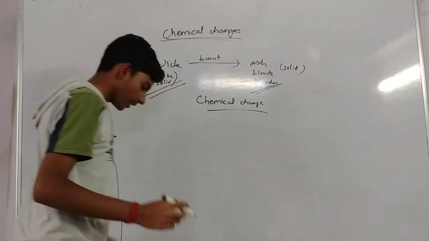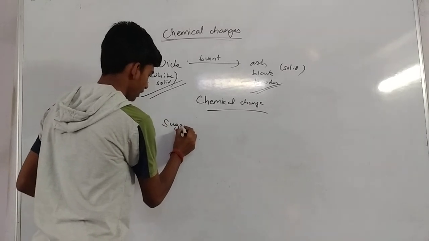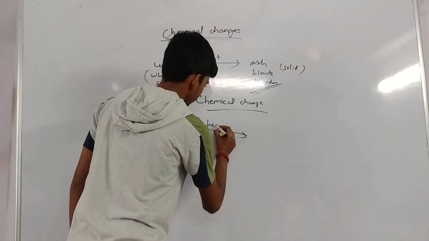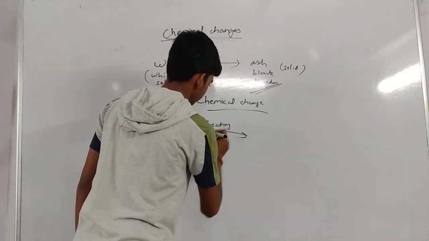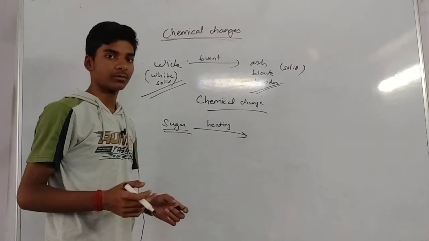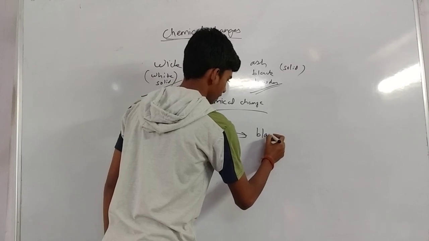Another example: if we take sugar in a bowl and start heating it at high temperatures, it will form a black substance.